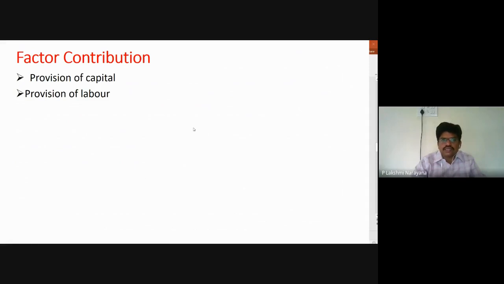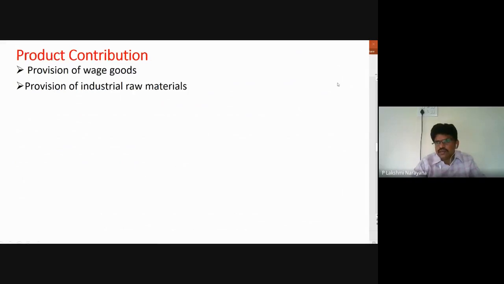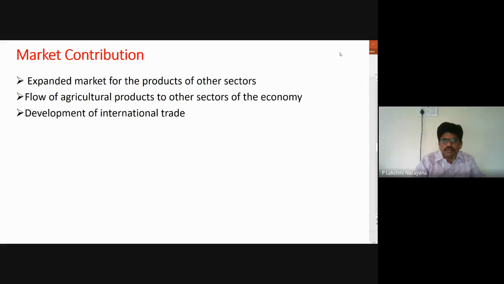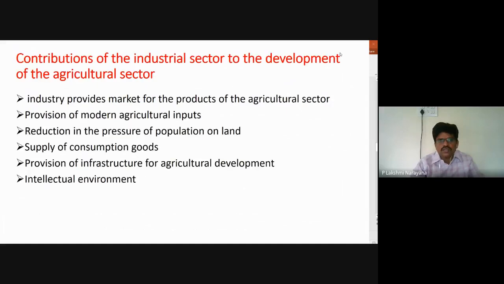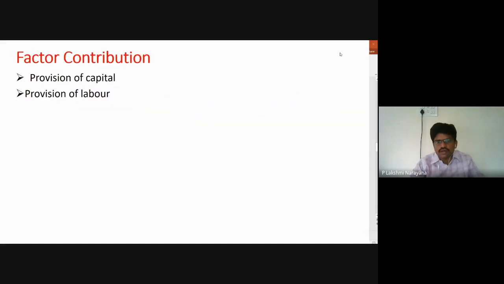So here, agriculture provides provision of capital and provision of labor. Regarding product contribution, the provision of food goods and the provision of industrial raw materials. Regarding market contribution, expanding market for the products of other sectors, flow of agriculture products to other sectors of the economy, and development of international trade. So here, one by one, we can explain.